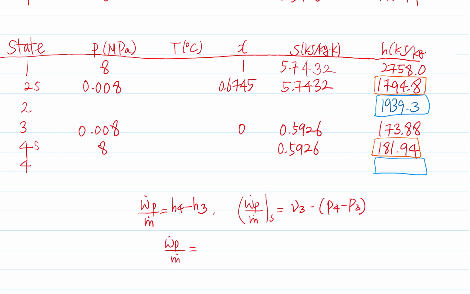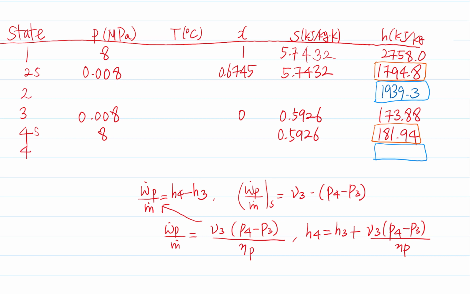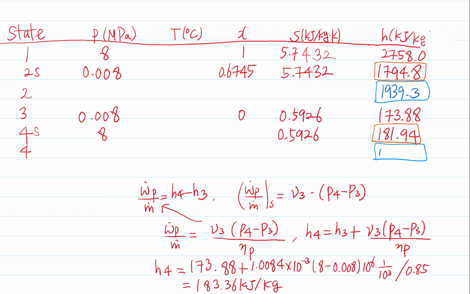Actual pump work may be written as isentropic pump work divided by the isentropic efficiency of the pump. Substitute this in, and H4 can be written out. So we calculate H4, the enthalpy for the actual process. So H4 is 183.36 kilojoules per kilogram.